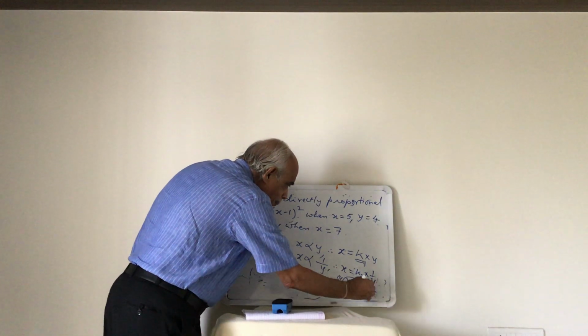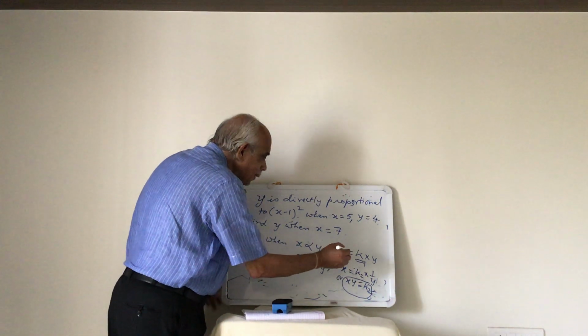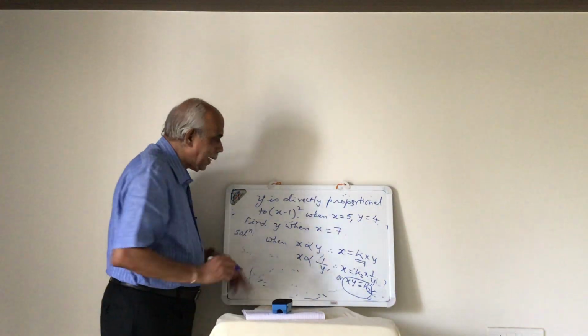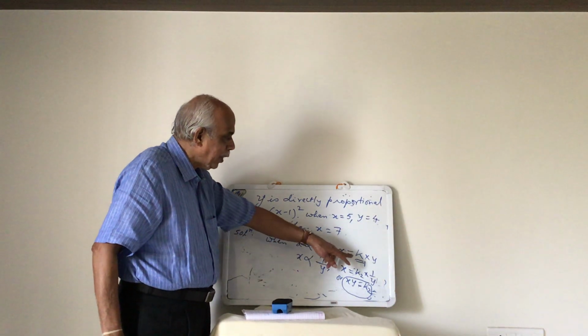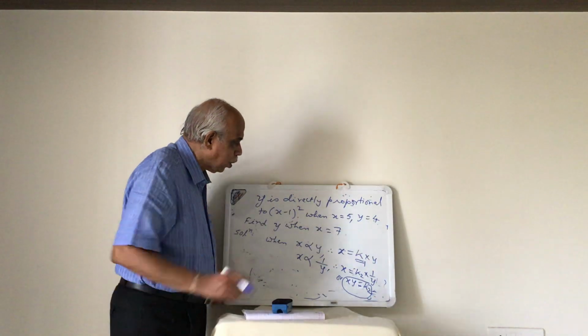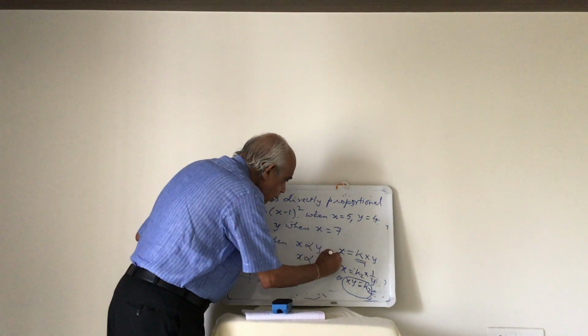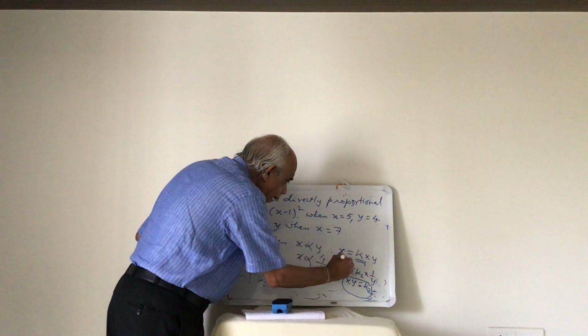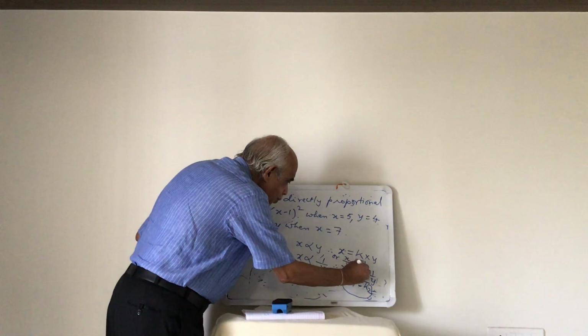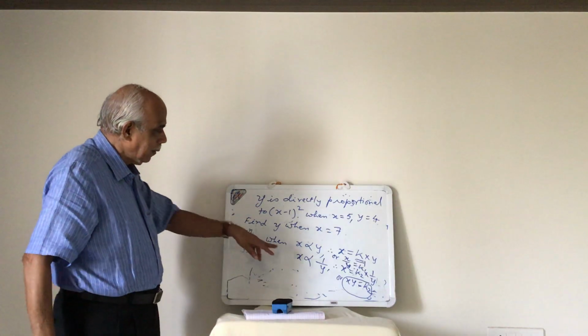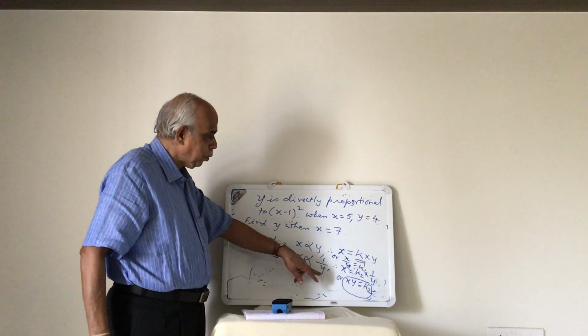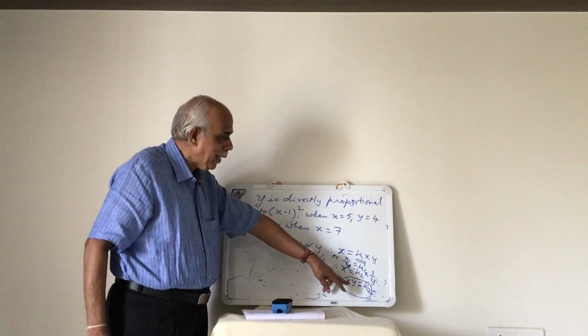Remember that for direct proportion, when x is directly proportional to y, x is equal to ky, or x upon y is equal to constant in direct variation or direct proportion. For inverse variation or inverse proportion, we will see that x into y is constant.